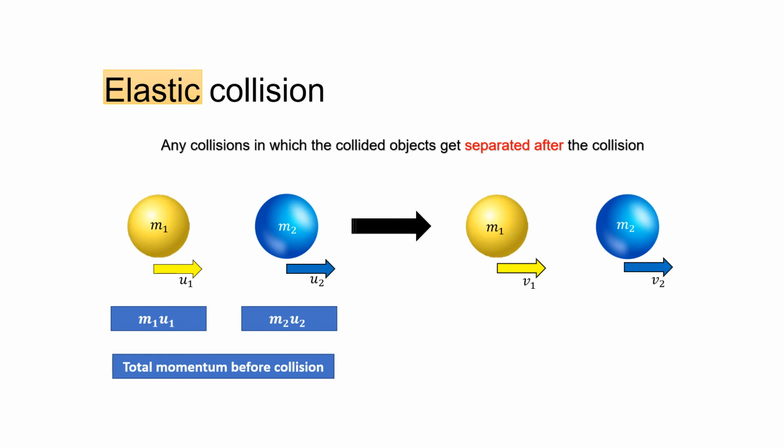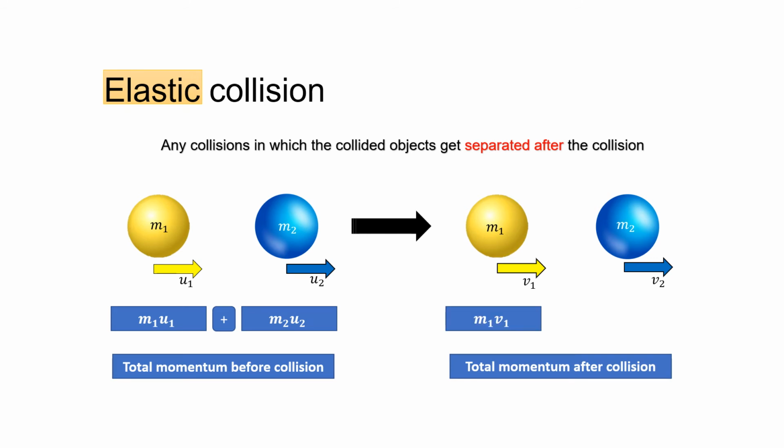So it means it is the addition of both momentum before the collision. Therefore, the total momentum after collision will be m1 v1 plus m2 v2. Hence, the total momentum before is equal to the total momentum after.